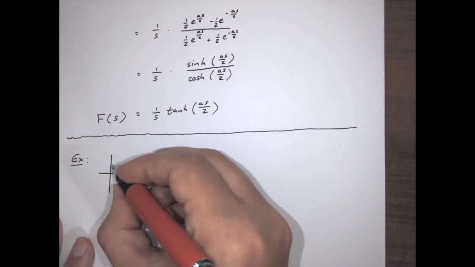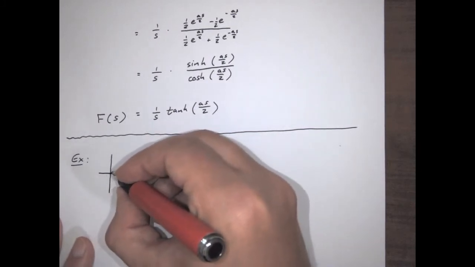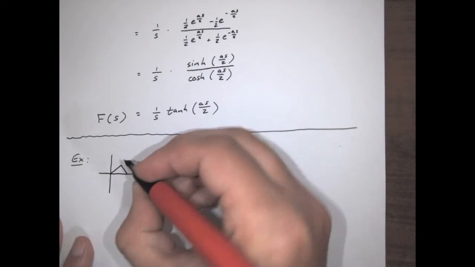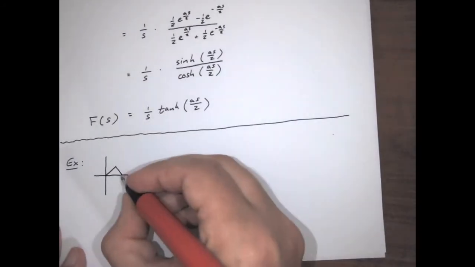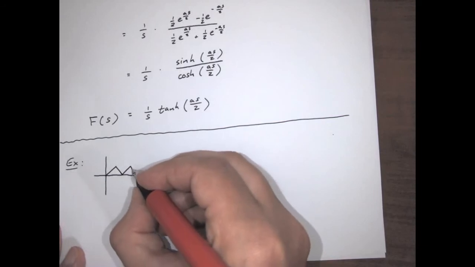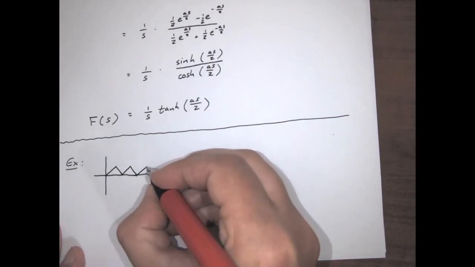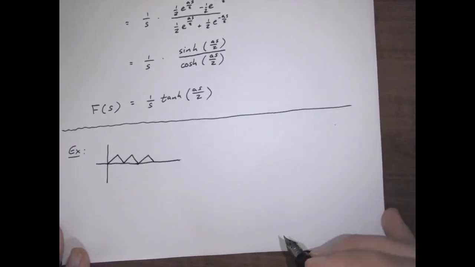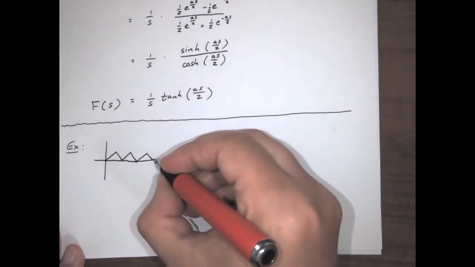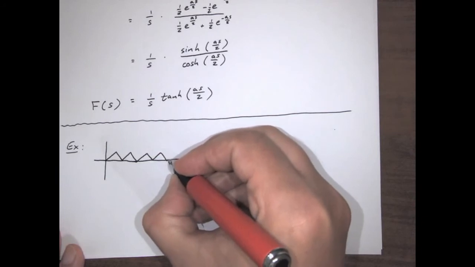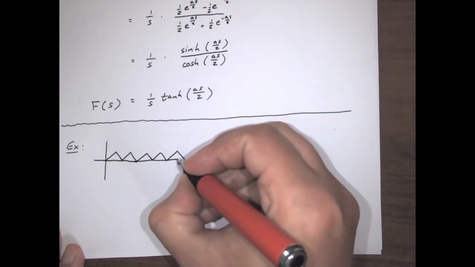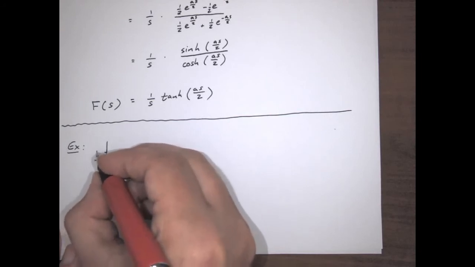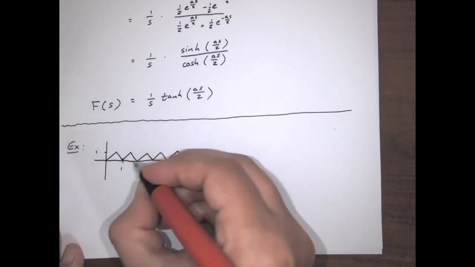In particular, we'll go with up, down, up, down, up, down. We'll go with that whole motif throughout the rest of time. And let's say that the amplitude here is 1, and this also is 1.